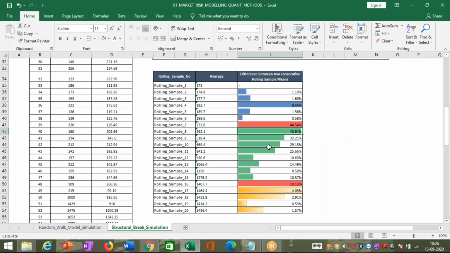In between you have this, and these are the two shift points. So if you get a similar pattern or if you can create a similar pattern, you can say that yes, there is a structural break, right? Any questions up to this point?